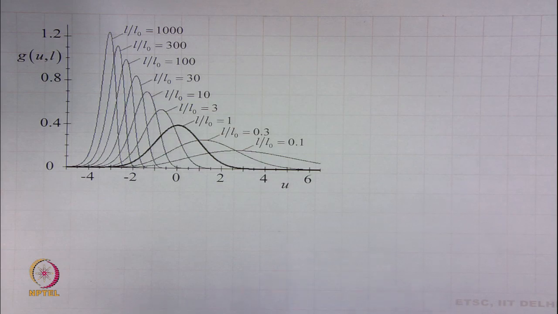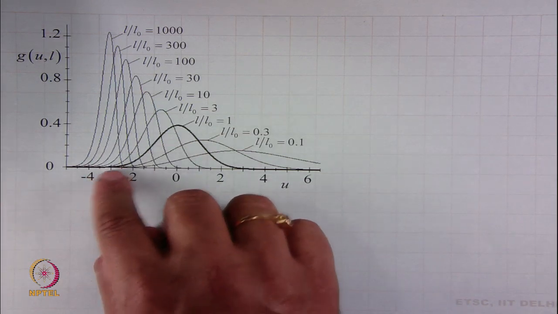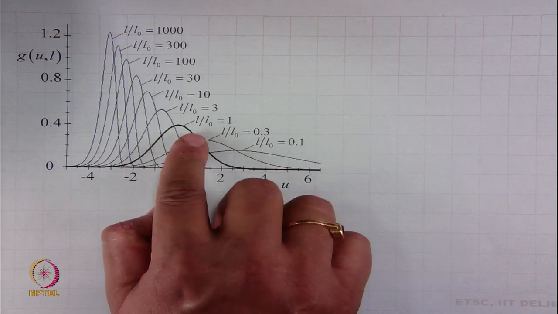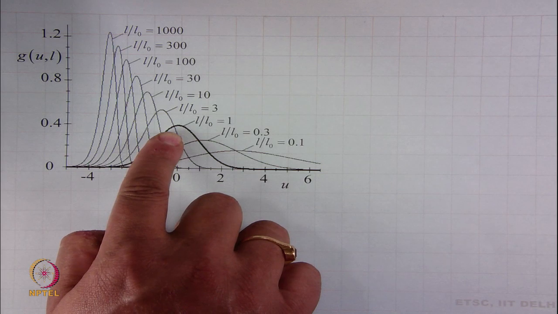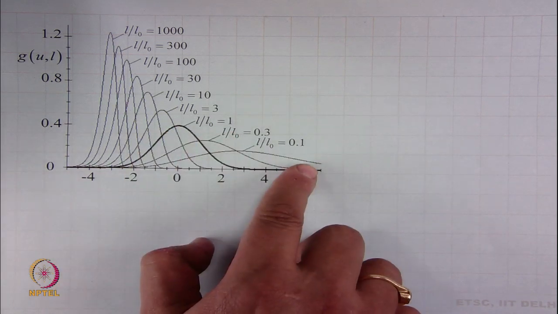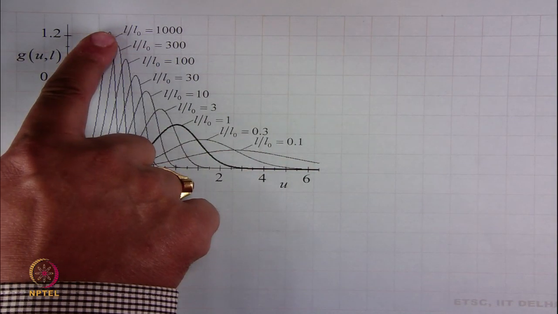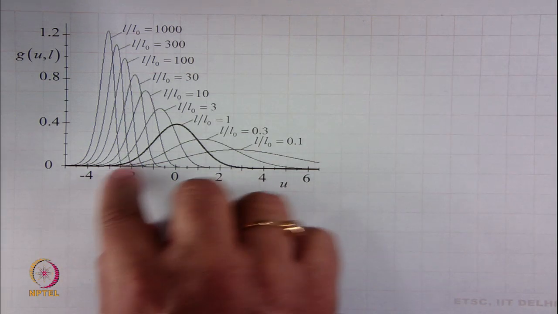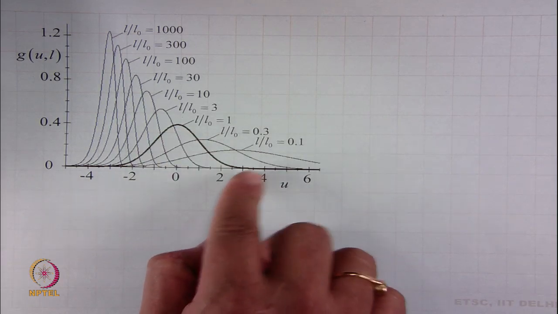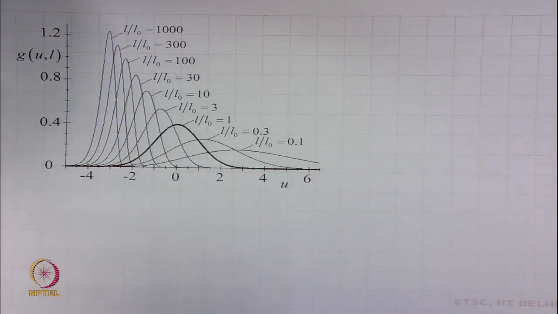Look at the thick curve, where L by L0 is 1: it is Gaussian. In all other cases, if it is smaller than 1 or higher than 1, it is not Gaussian. That means, you remember we have already assumed it is Gaussian at short length. So, this is the distribution at short length. In all other lengths it is not Gaussian.